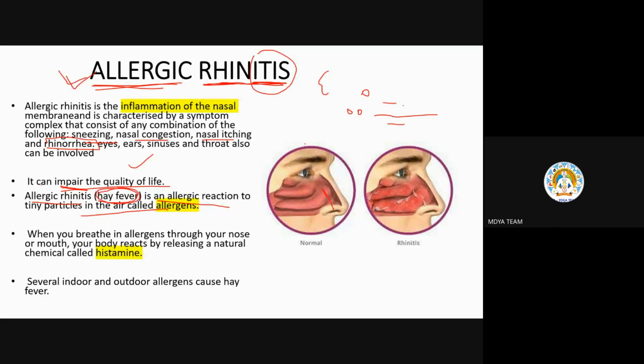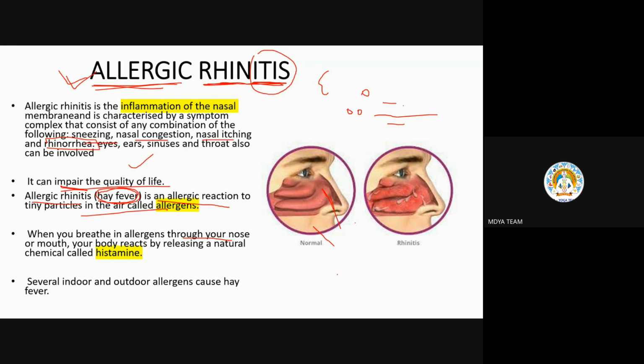When we inhale through our nostrils or mouth, and these allergens enter inside our body, in a person who has hay fever or allergic rhinitis, there will be some reaction from our body to these allergens.